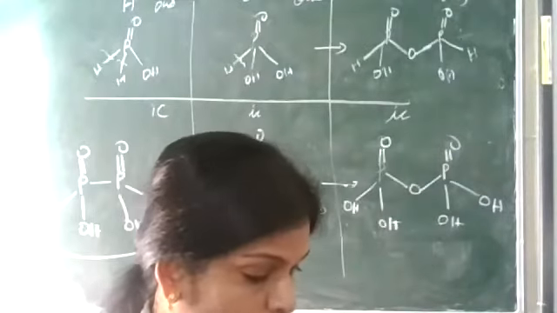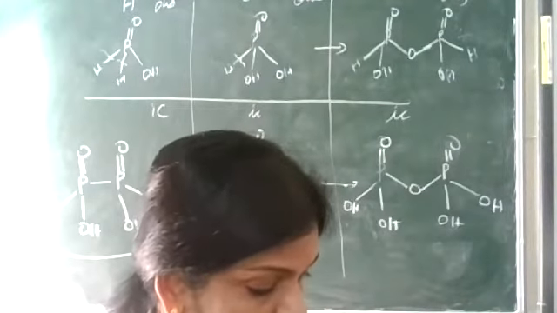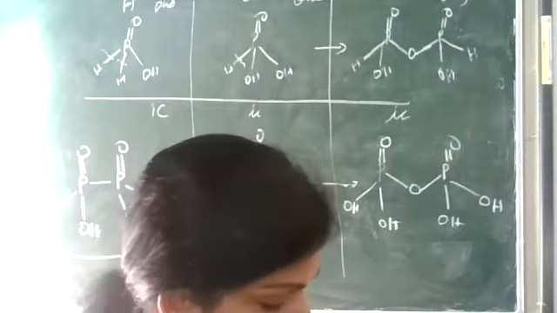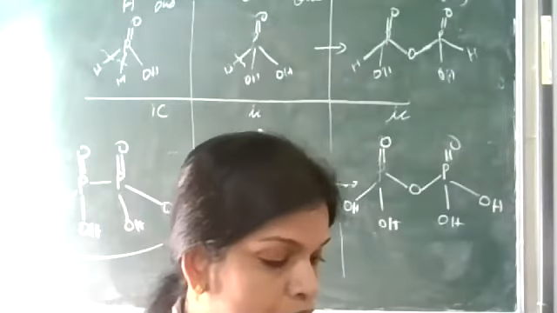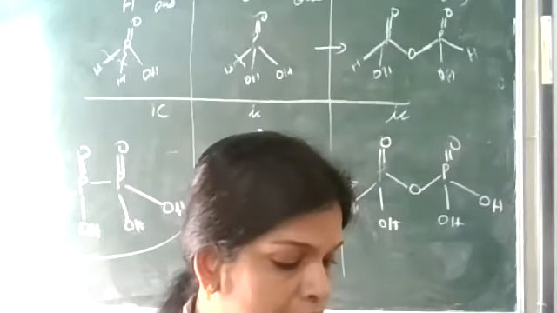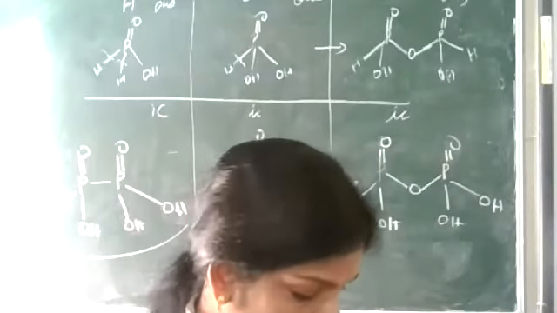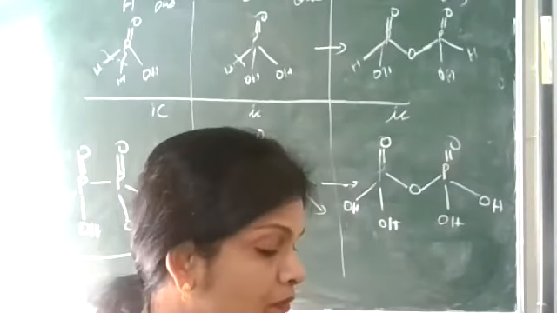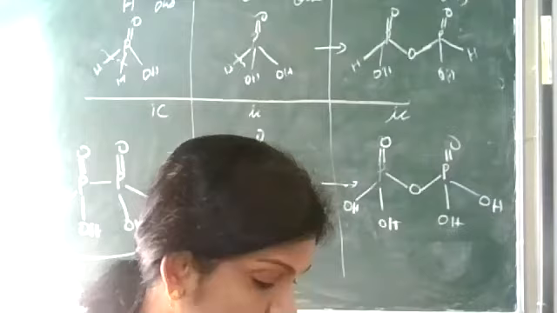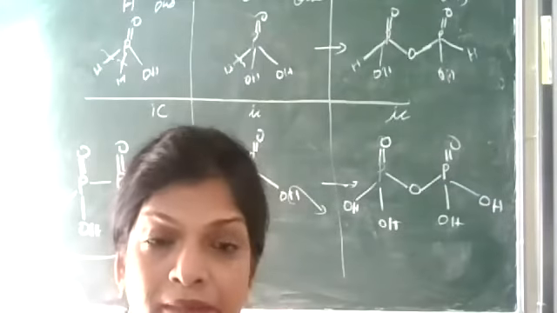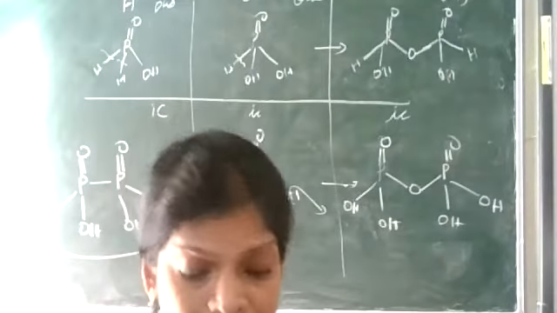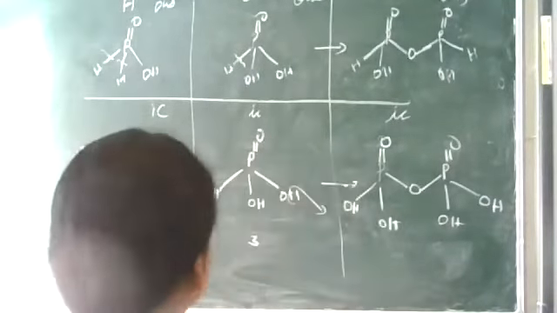So we are finishing this 15th group. Now I'll move to the 18th group, which is remaining. Group 18 is the noble gases: helium, neon, argon, krypton, xenon, radon.